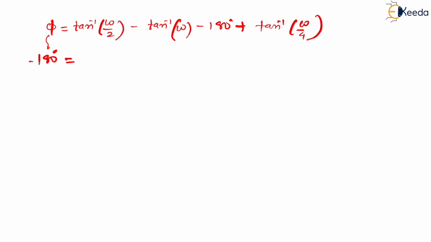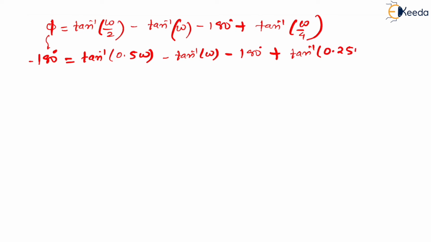So minus 180 degrees is equal to tan inverse of omega by 2, which is tan inverse of 0.5 omega, minus tan inverse of omega only, minus 180 degrees, and then plus tan inverse of 0.25 omega, because it is 1 by 4, and 1 by 4 is 0.25, right?